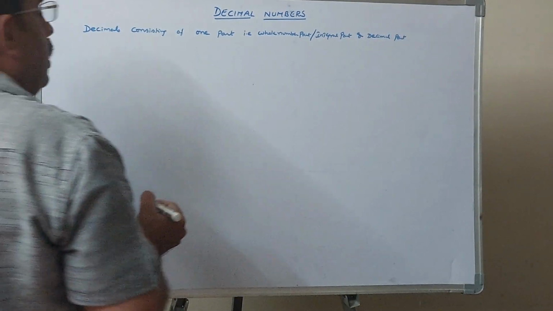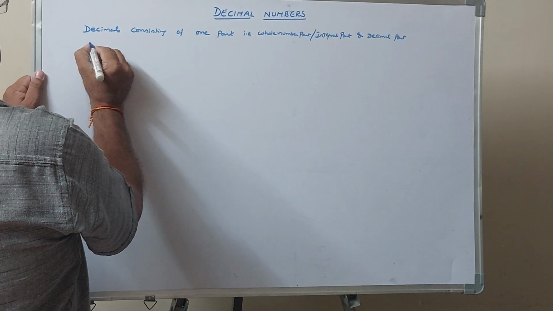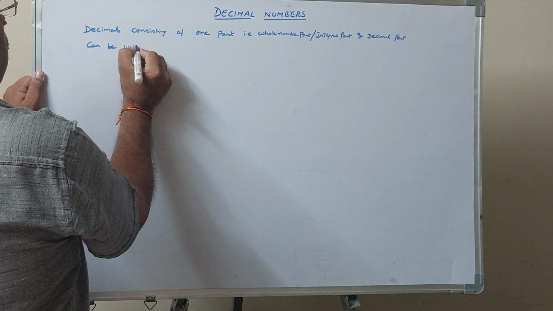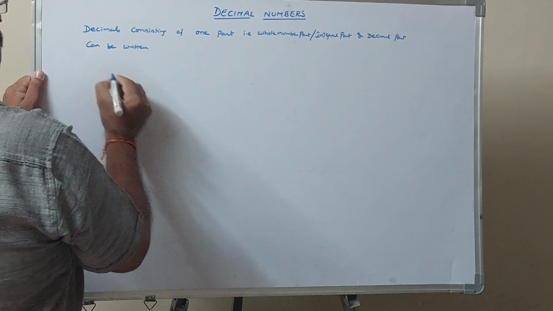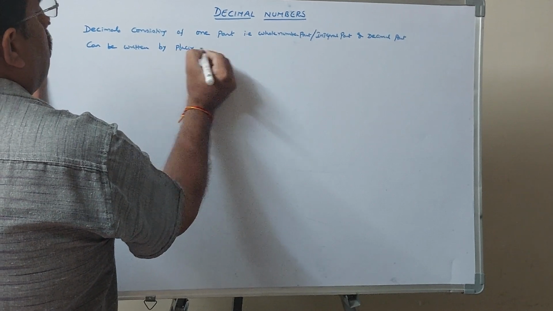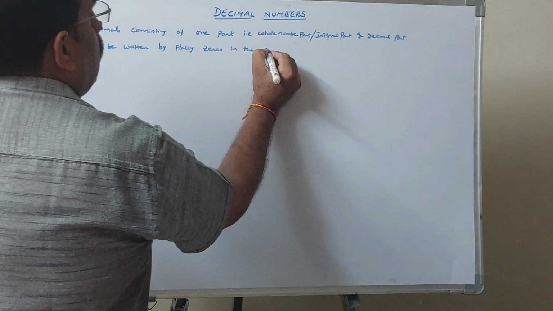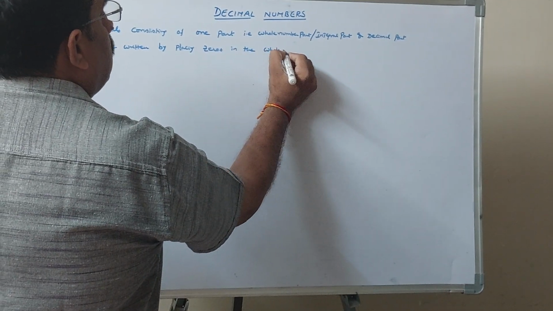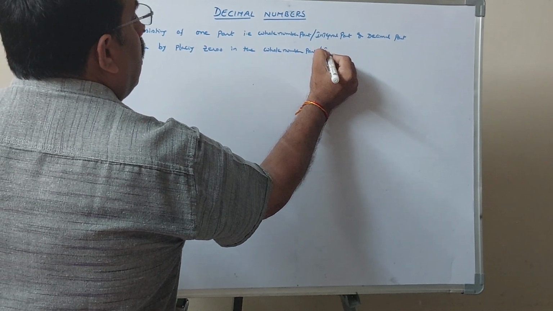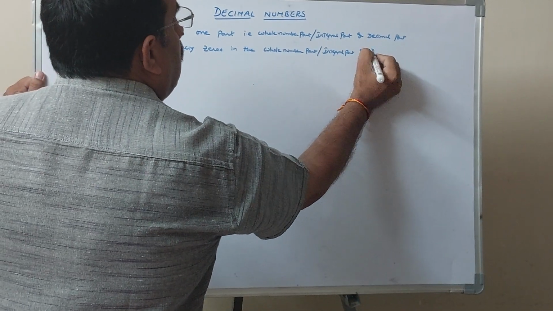The missing part can be written by placing zeros in the whole number part or integral part or decimal part.